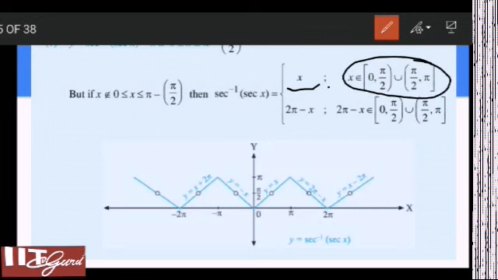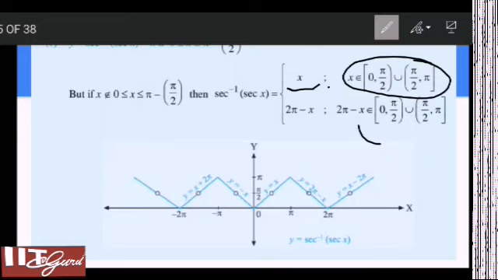You have to forget about pi by 2, because at pi by 2 cos x vanishes, so sec x is not defined, so we have to ignore the pi by 2 points. And here similarly 2 pi minus x will also be like this, where x lies between pi to 2 pi. So this is 0 to pi, the y equal to x line, and y equal to 2 pi minus x line.